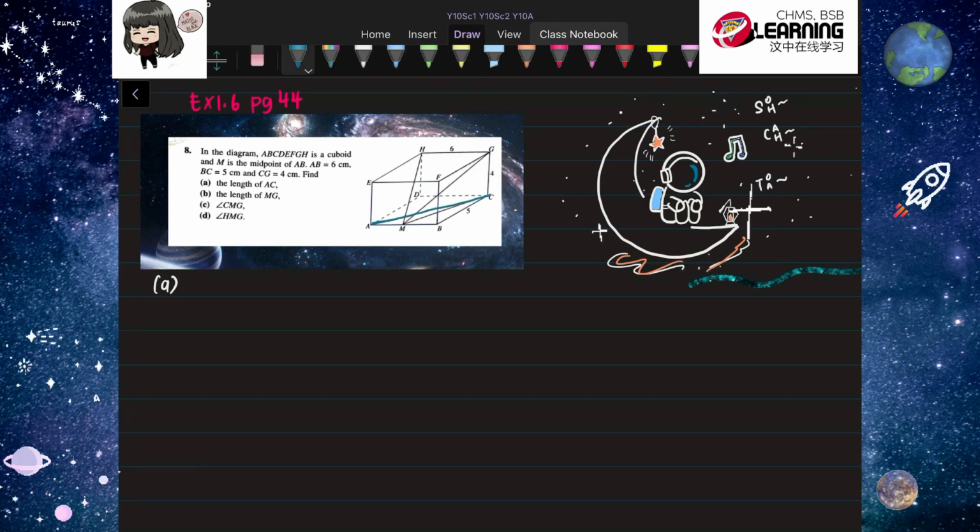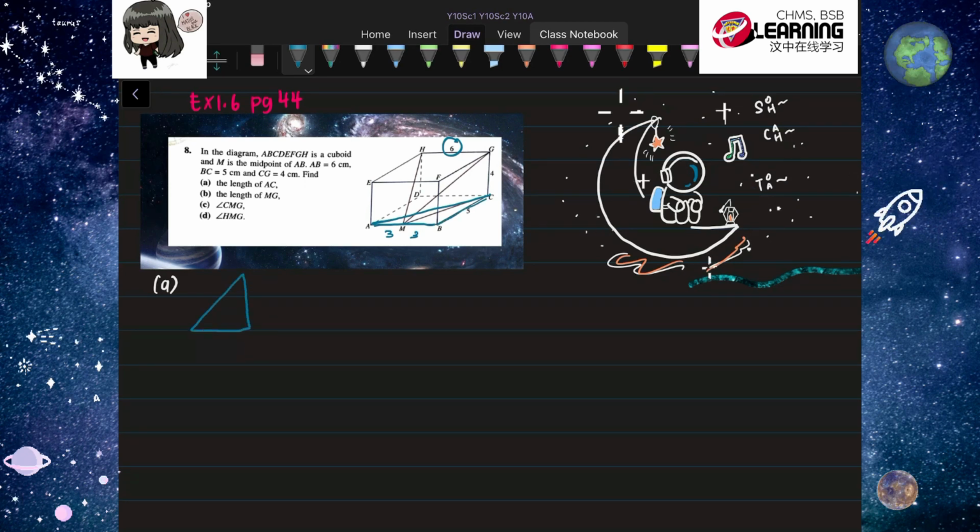So if we want to find this AC here, here is 6, here is 6, so meaning to say that here is 3 and 3 because M is the midpoint of AB. If we want to find AC, this is a 6 and this is a 5, it forms a 90 degree there, like that.